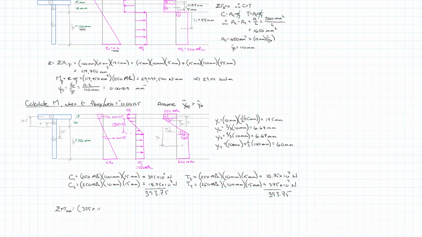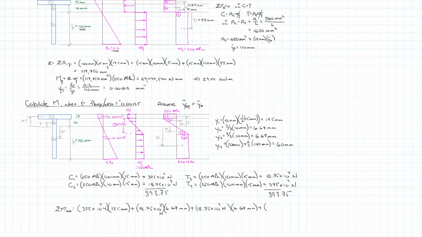So 375 times 10 to the third newtons for one, times its moment arm, y1, or 17.5 millimeters, plus C2, which is 18.75 times 10 to the third newtons, times its moment arm of 6.67 millimeters, plus T3, which is 18.75 times 10 to the third newtons, multiplied by its moment arm of 6.67 millimeters.